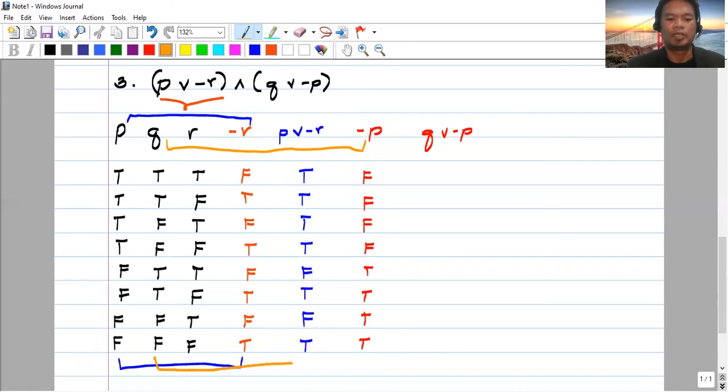Q or not P. For the disjunction, we have false only when the two propositions are both false. So true or false is true. True or false is still true.